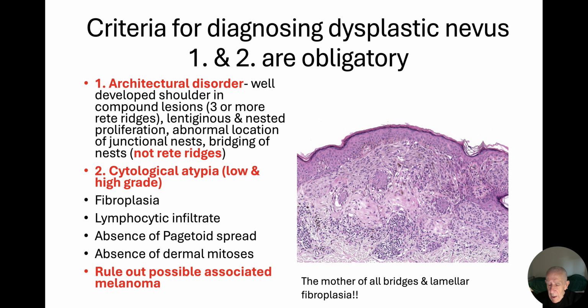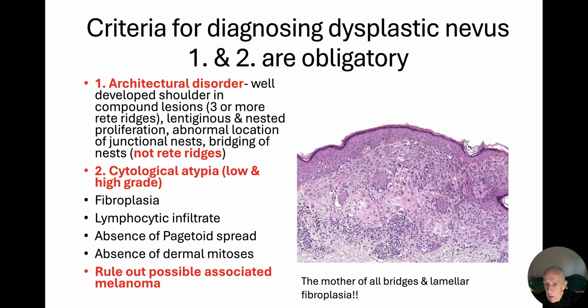So I must stress that these architectural changes are essential before you make a diagnosis of dysplastic nevus. And I'll talk a little bit more about grading into low and high grade.